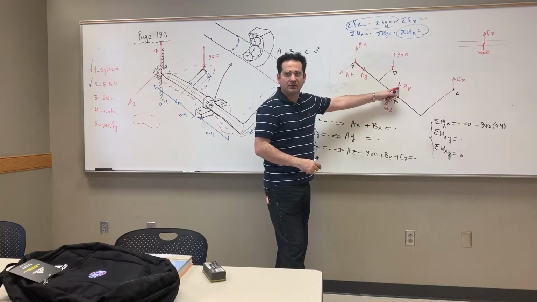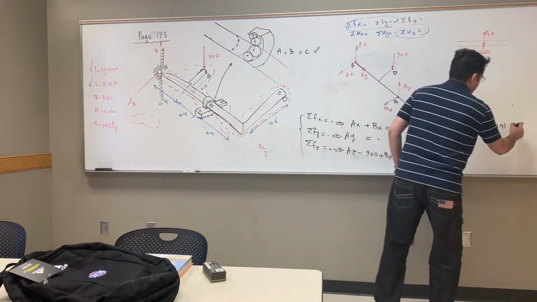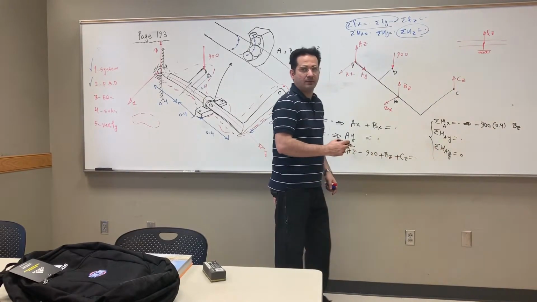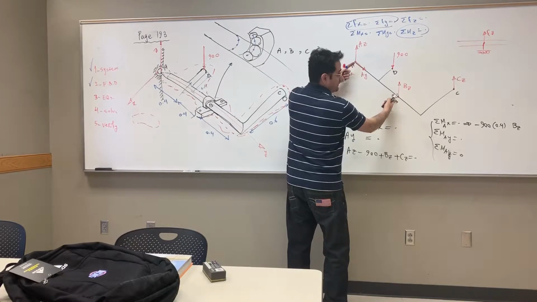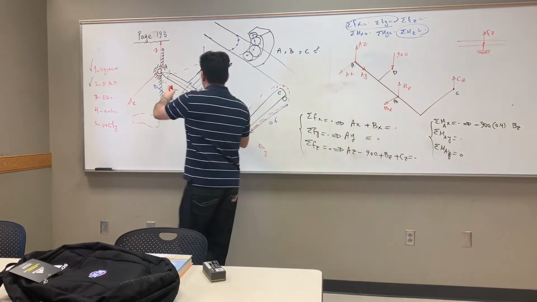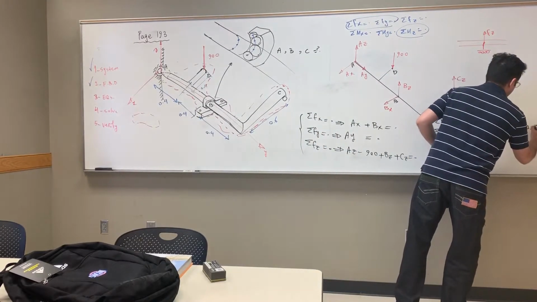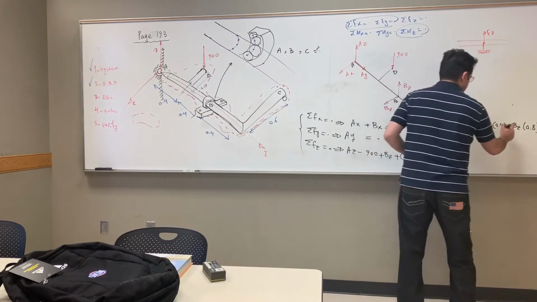Go to BZ. The moment generated by BZ is equal to BZ times, what's the moment arm? From here to here, which is 0.8. Positive or negative? Positive.